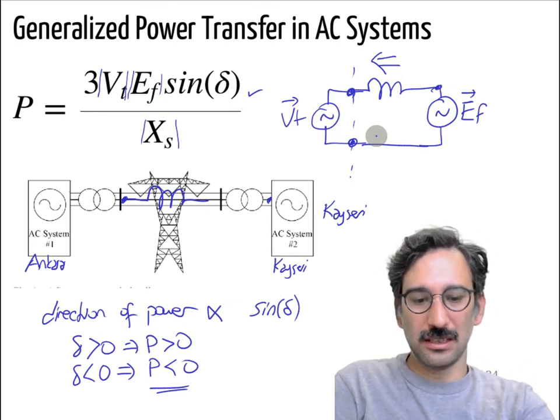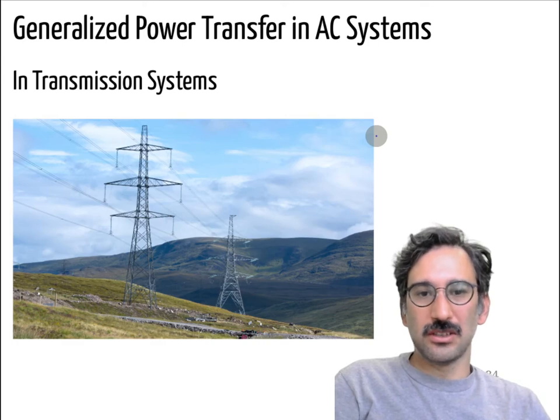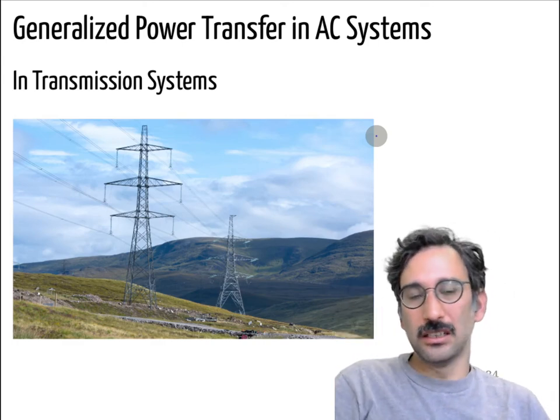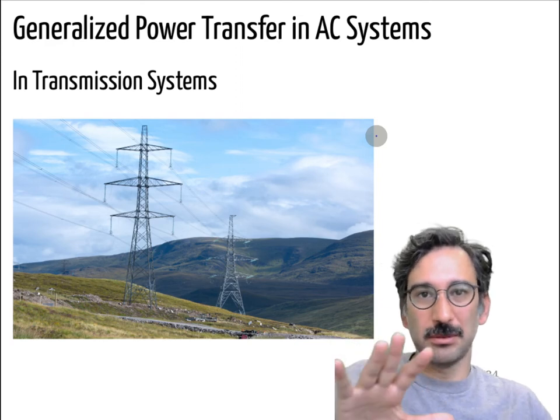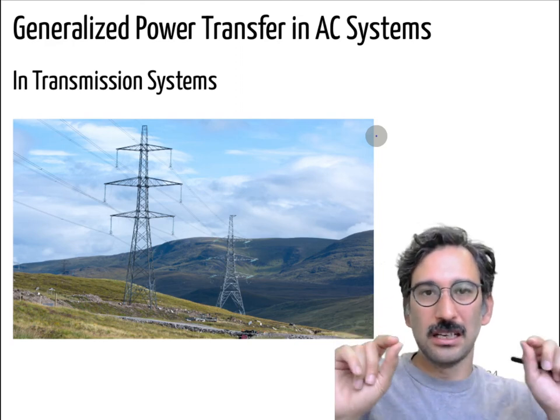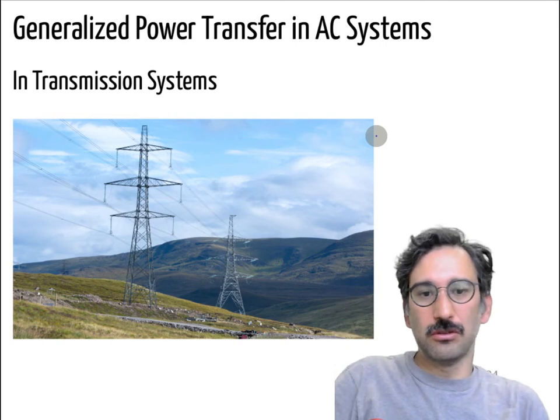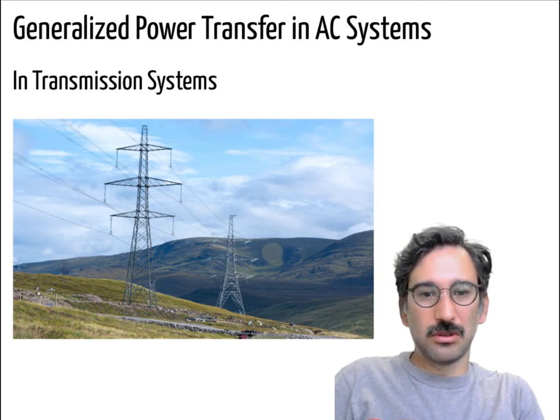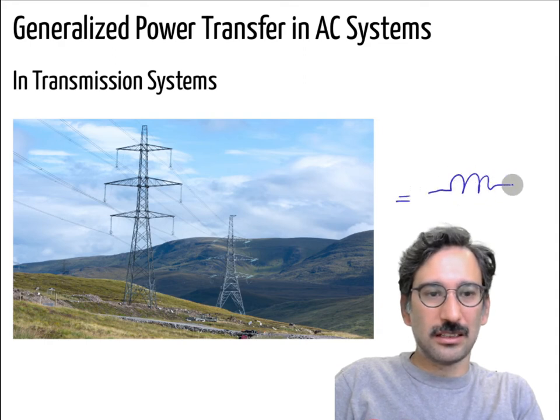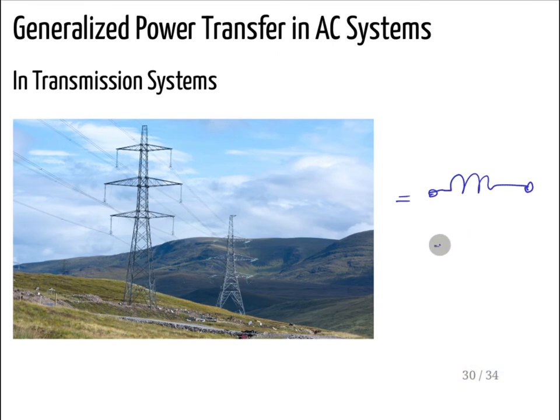So that is really important in transmission systems. And actually, when they are doing stability analysis in the power system, you have nodes all over the country, so you can represent each transmission line like an inductance, with VT on one side and V1 on the other side.